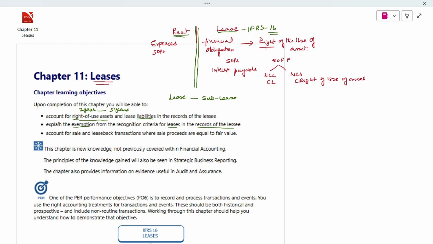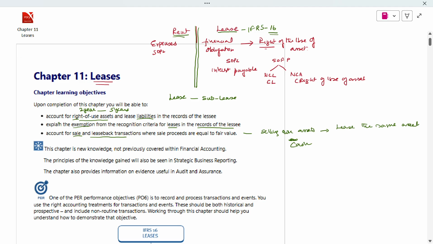There is one concept called a sale and leaseback transaction. Very interesting. You are selling your own asset and you get cash. Then you lease the same asset back.